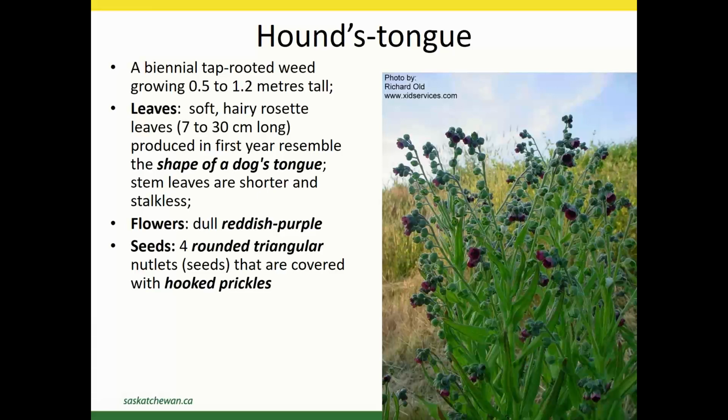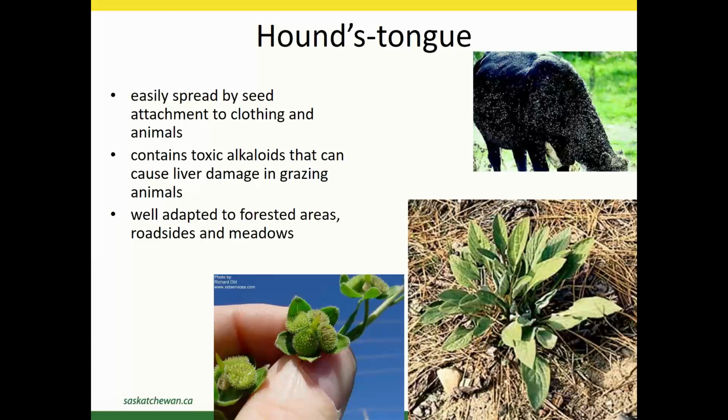Seeds are fairly distinctive in that they're 4 rounded triangular nutlets. Because this plant is a member of the borage family, they're referred to as nutlets. Those nutlets are covered with short hooked spines, which you can see in the bottom left-hand picture, and that allows the seeds to stick to livestock and wildlife, as you can see in the top right-hand corner. The bottom right-hand picture is a picture of the rosette, where you've got those long, narrow-shaped leaves.